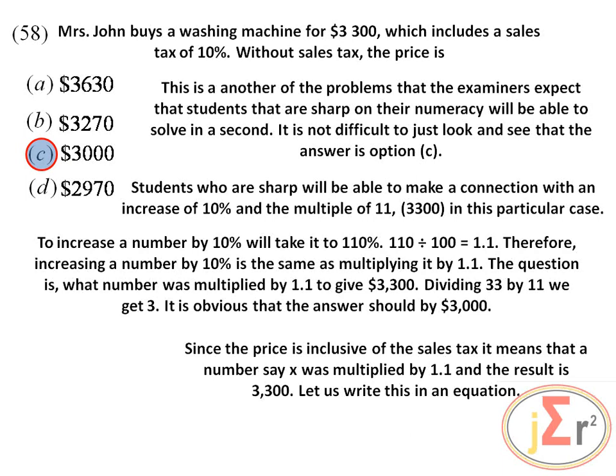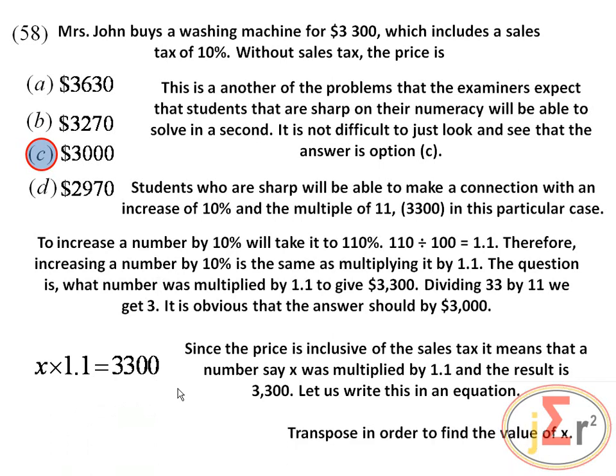Let us write this in an equation. x, that we do not know, was increased by 10%, which is multiplying by 1.1, and the result is 3,300. So we need to find the value of x.